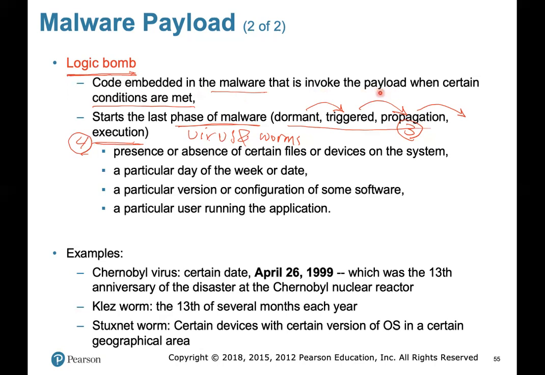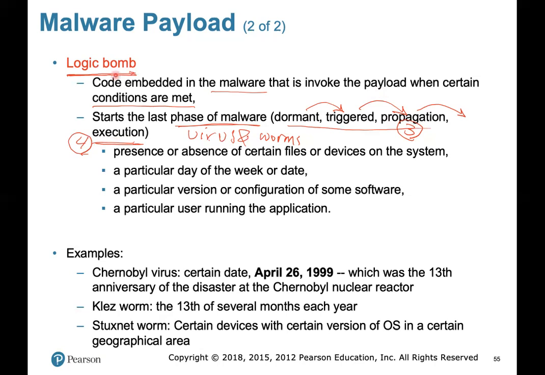The payload is actually responsible for the execution or implementation of the malware. So when we say transition from propagation to execution, it means that the payload gets started, gets executed, and the malicious activity, whatever it is, is being done on the victim or compromised computer or system.